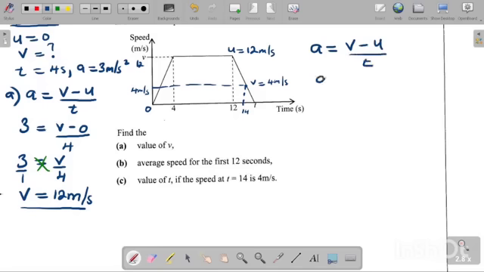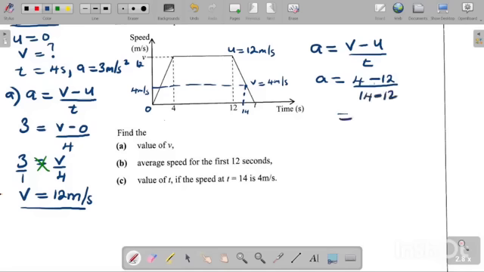So acceleration is equal to the final velocity, 4 meters per second, minus the initial velocity, 12 meters per second, over the difference in time, since we are moving from here up to here: 14 minus 12, which is 2.